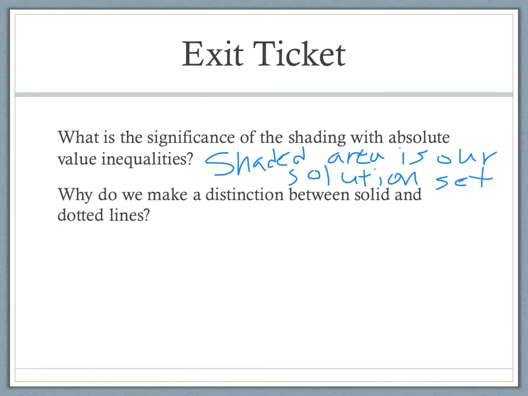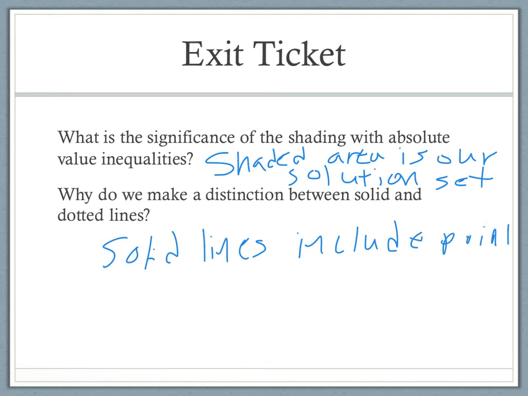Okay. Why do we make a distinction between solid and dotted lines? Because solid lines include the points in our solution set, where the dotted lines do not include those points.